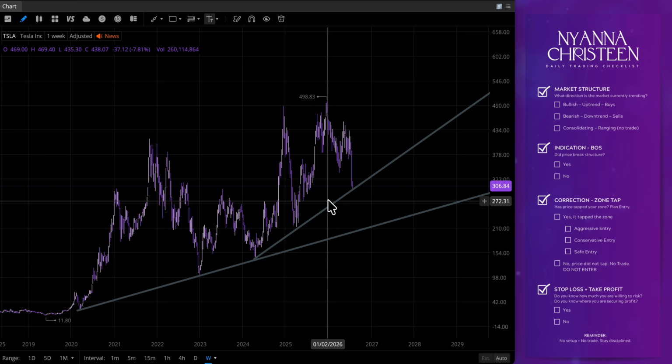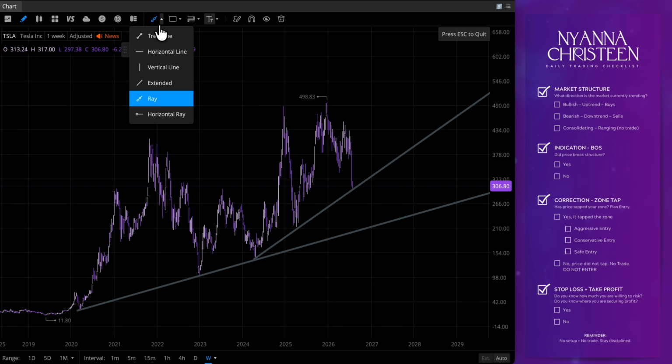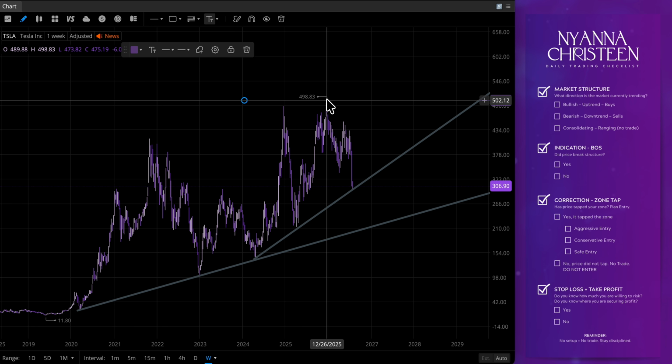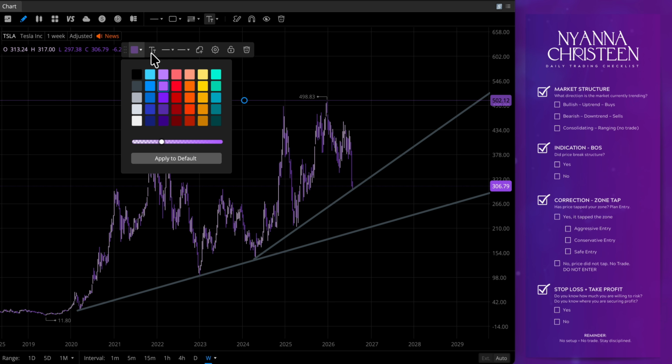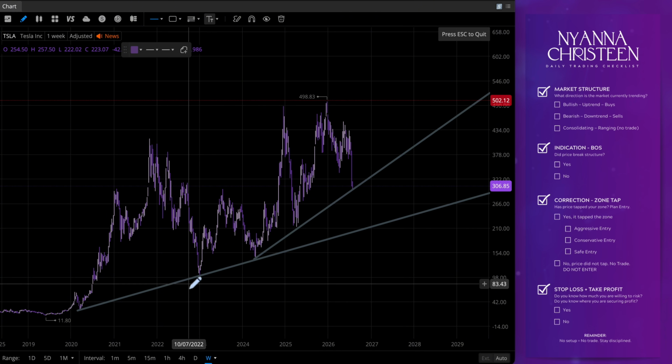Okay, cool. Also, I'm going to add in my horizontal line, and I will mark the highest level. This is the highest price has ever been, and the lowest. For the sake of this, I'll just put it here.